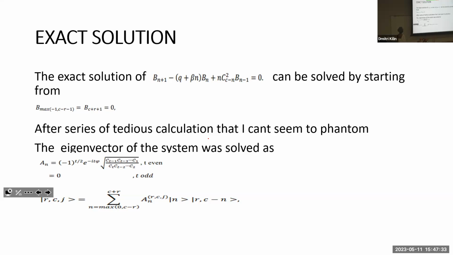So the eigenvectors were solved as this, and if you recall the wave functions that were brought up initially, we can input this here and get our value for the eigenvectors.